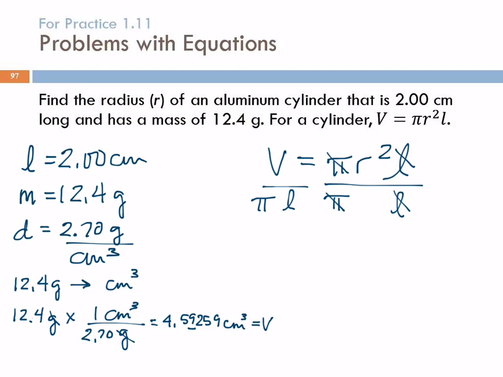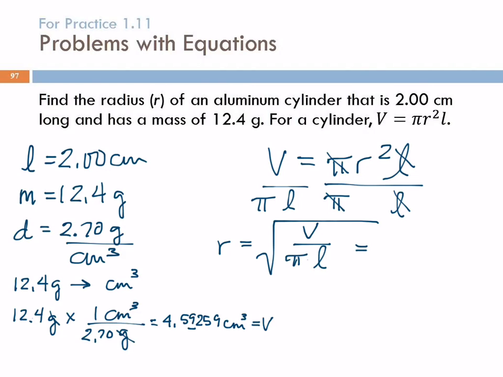So now we've got R squared is equal to this, but we want R. So to undo the square, we take the square root. So we're going to end up with R being equal to the square root of V divided by pi times L.